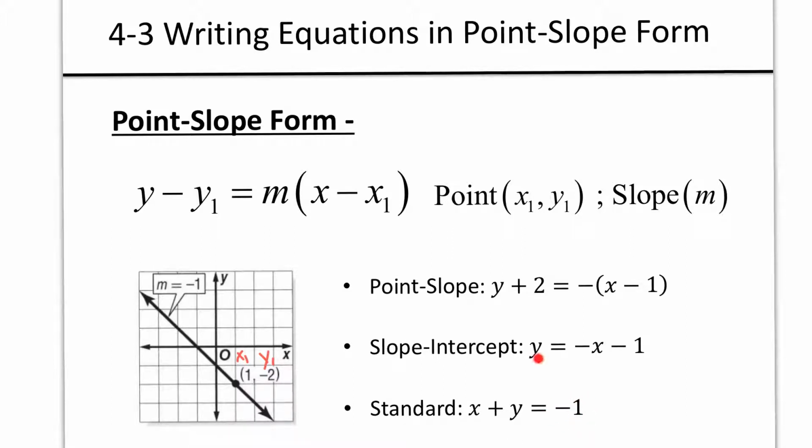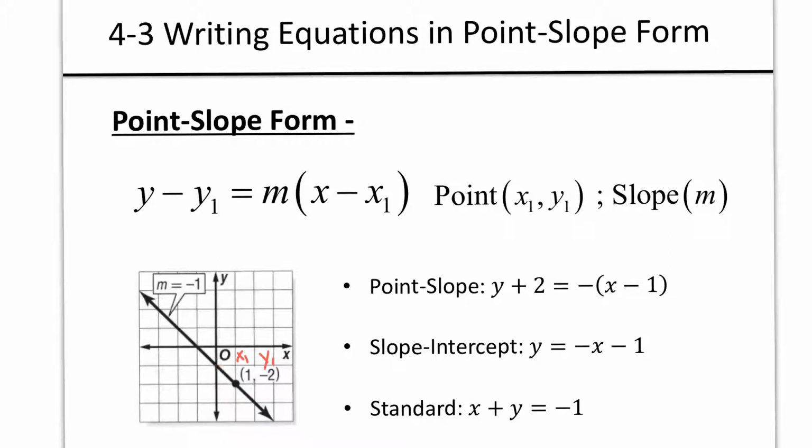So to do that, when you look at the slope-intercept form, you can take this minus x, you add x to both sides, you take this to the other side, and you have your positive x plus y equals negative 1.